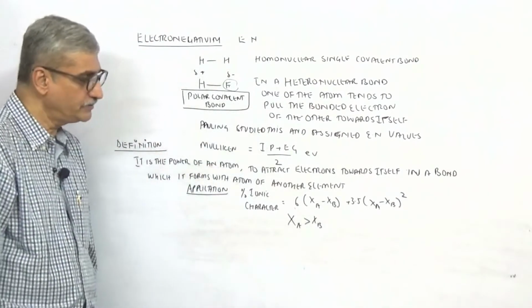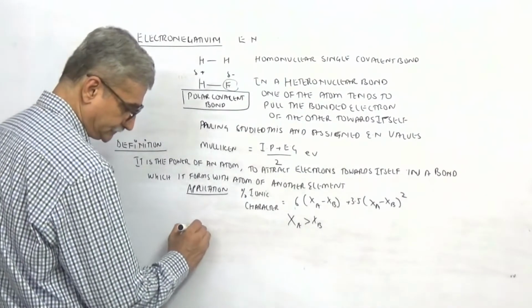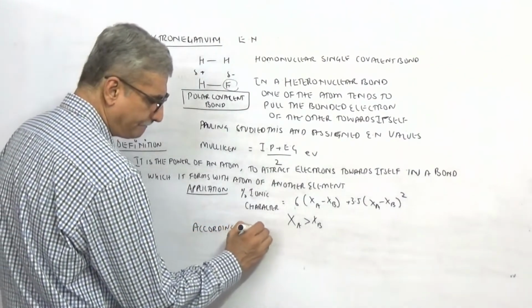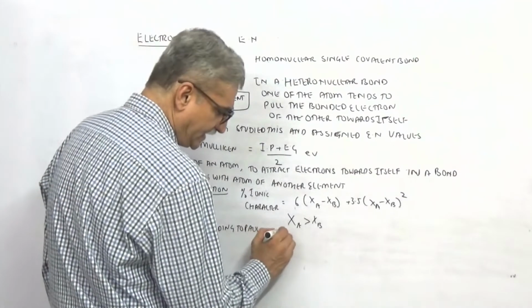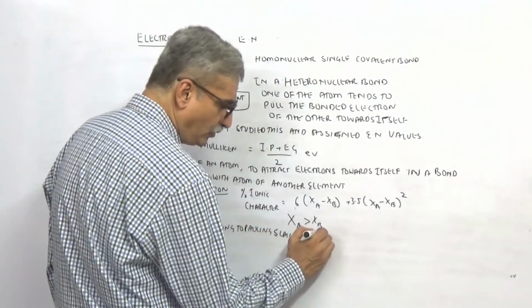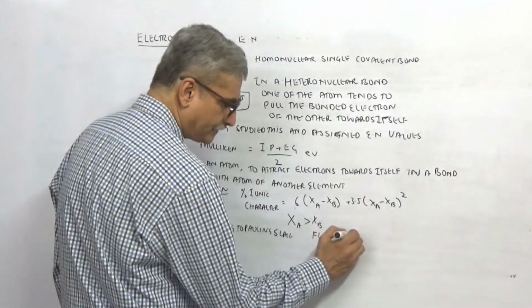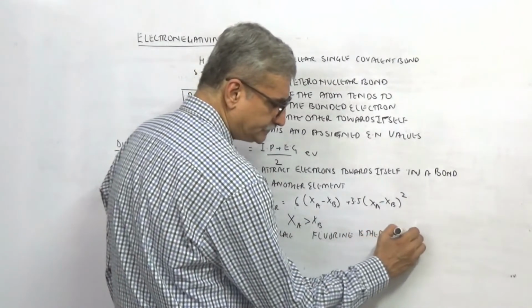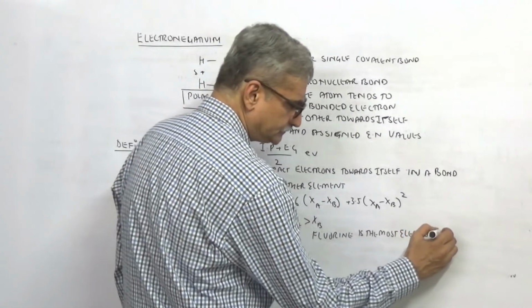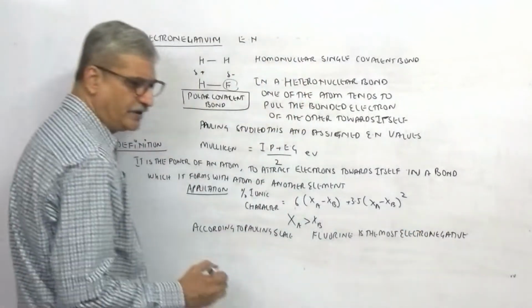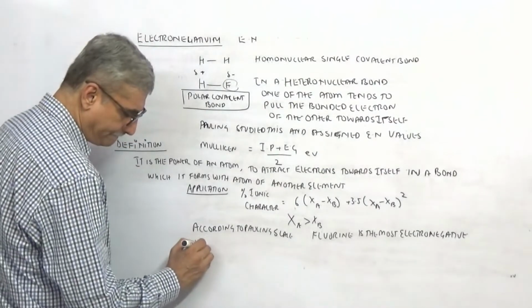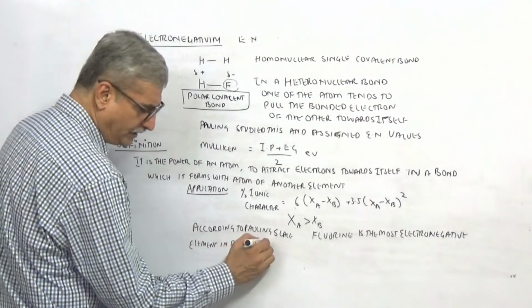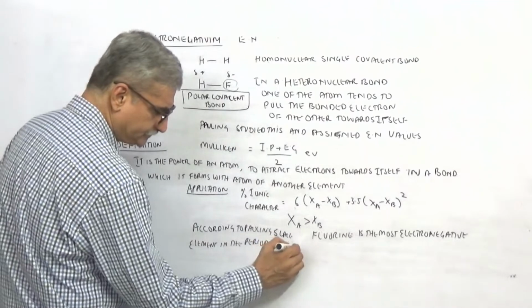Now, according to the Pauling scale, fluorine is the most electronegative element in the periodic table.